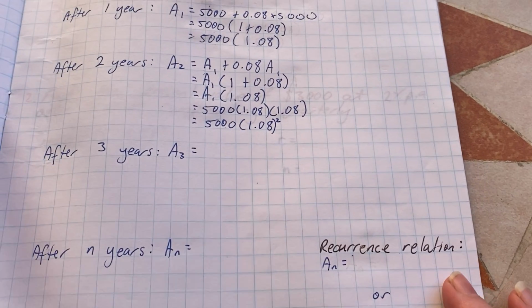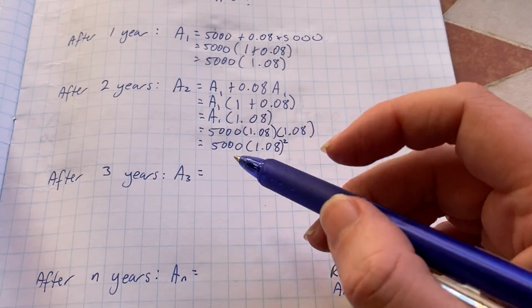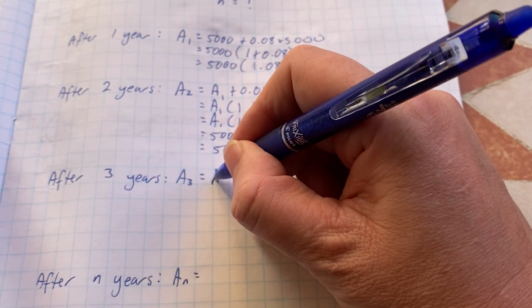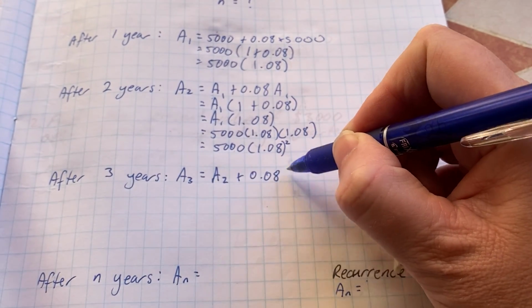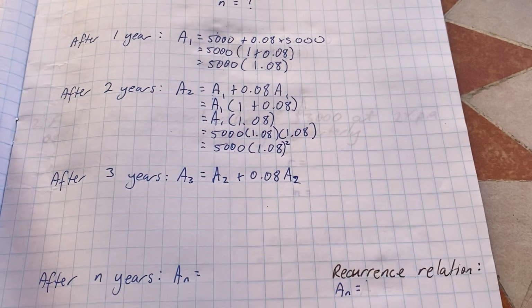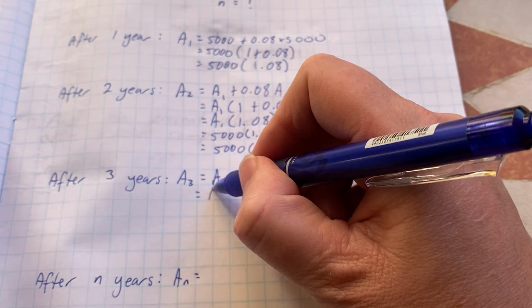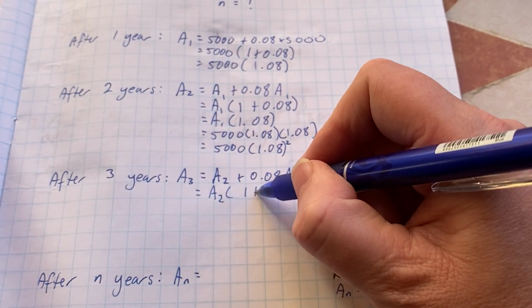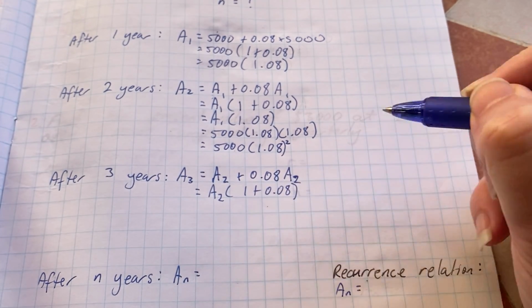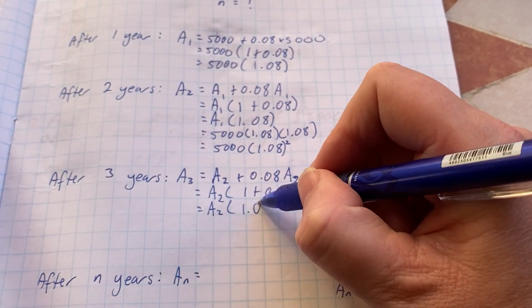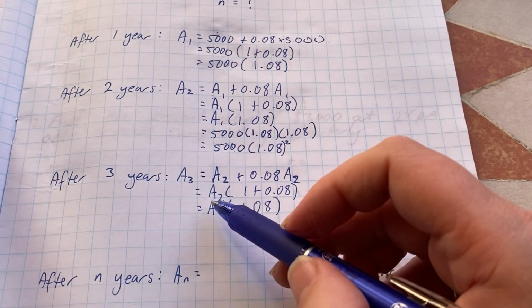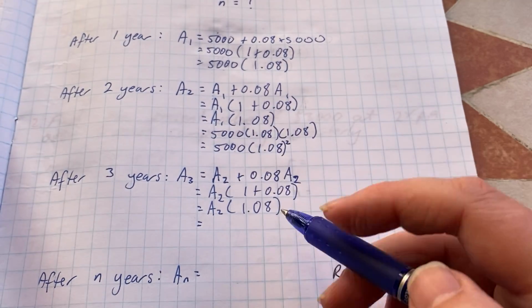Let's do the same thing for after 3 years. It's exactly the same. After 3 years, we had the amount at the end of 2 years, plus some interest on that amount. Let's factorize it. So A2 at the front, 1 plus 0.08. Simplify the brackets, so 1.08. And then let's replace this A2.